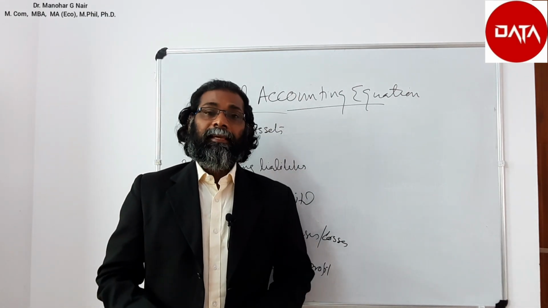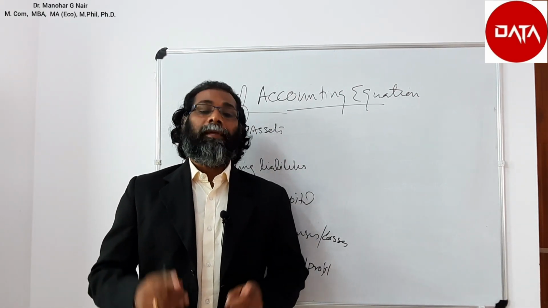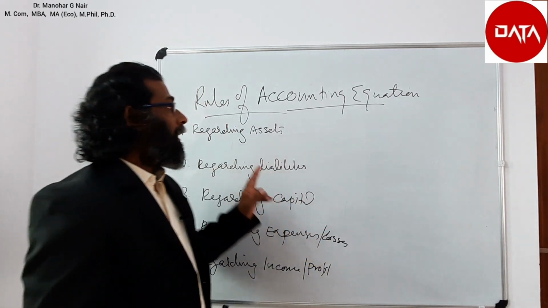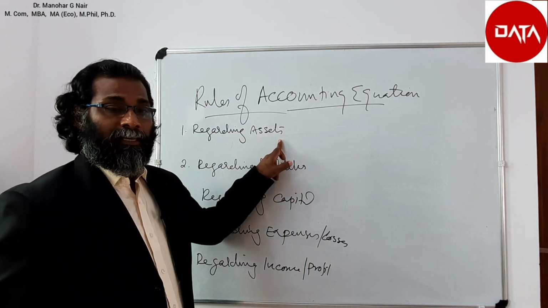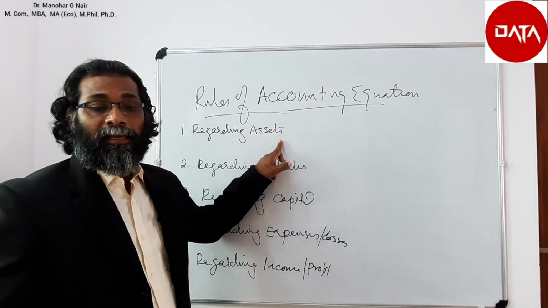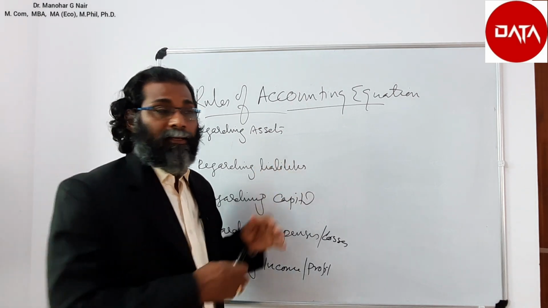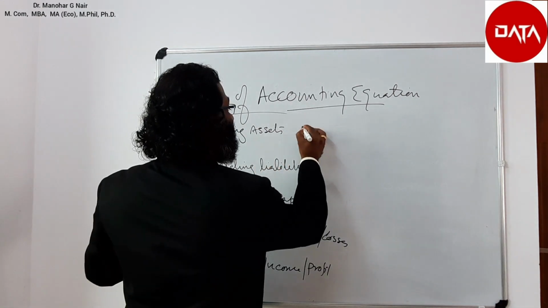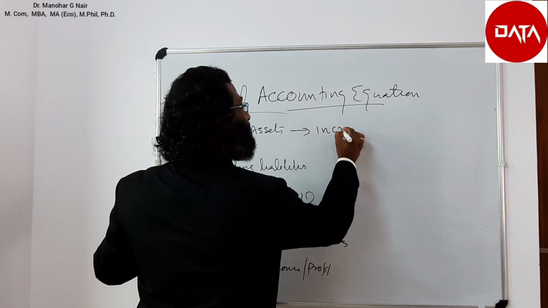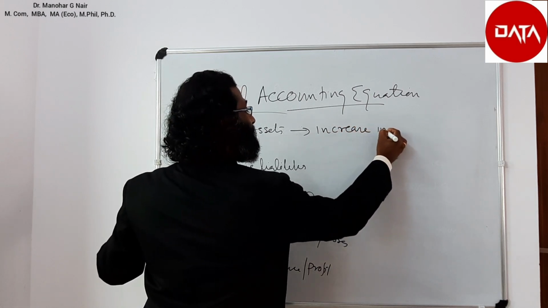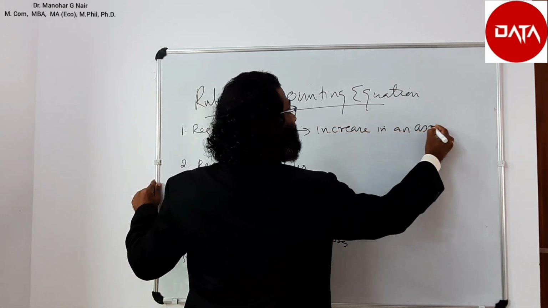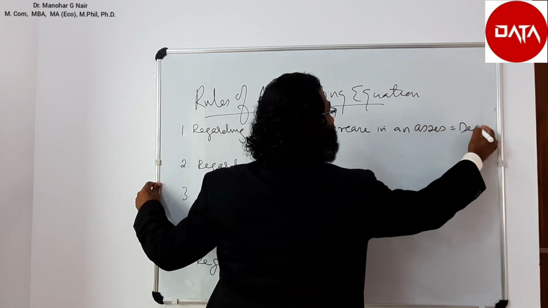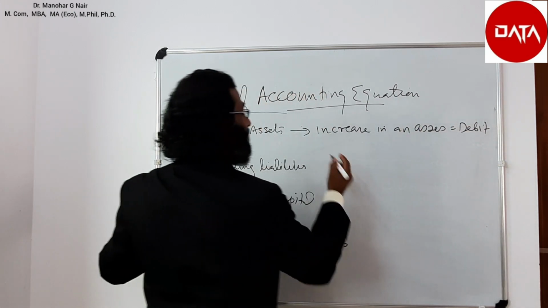Now let us see the rules of the accounting equation. Regarding assets, an increase in an asset is to be debited, that will show debit.